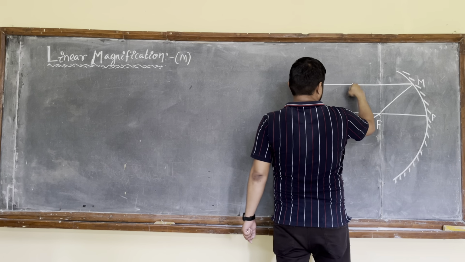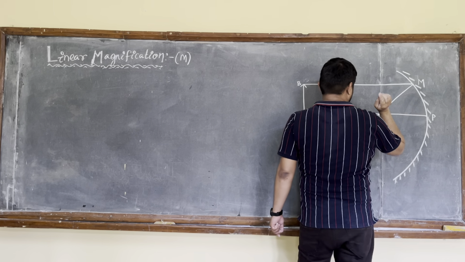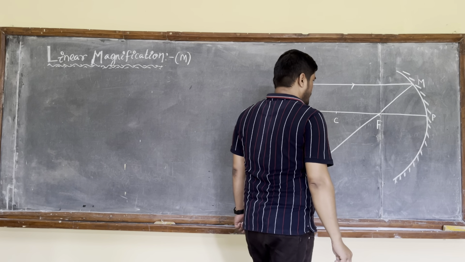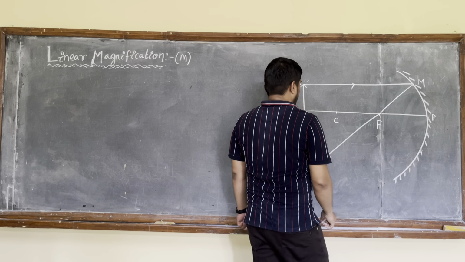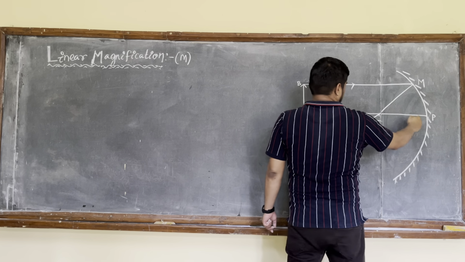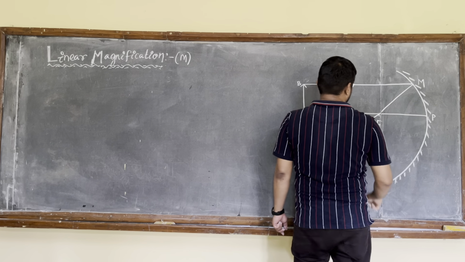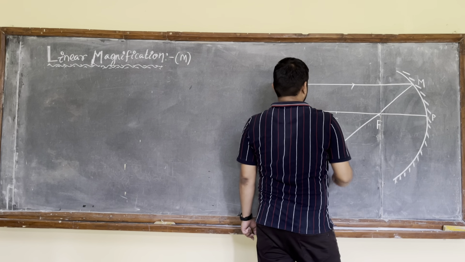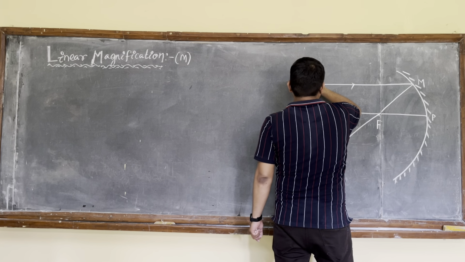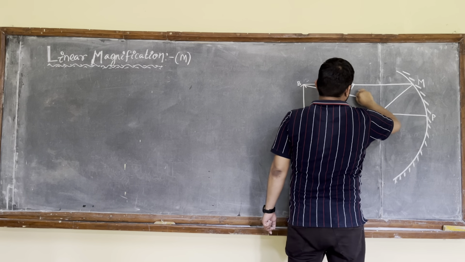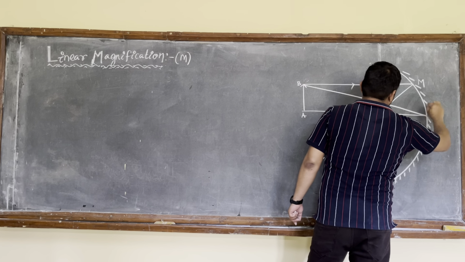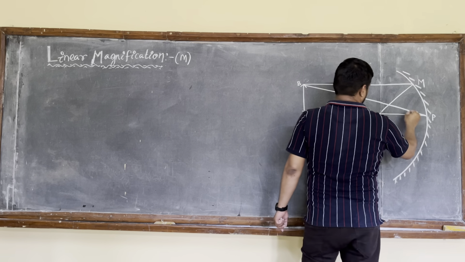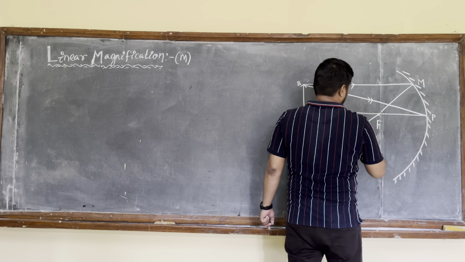That's why BM will be the incident ray and MF will be the reflected ray, and another ray which is incident at point pole will follow the law of reflection. If this will be the incident ray, it will follow the law of reflection.